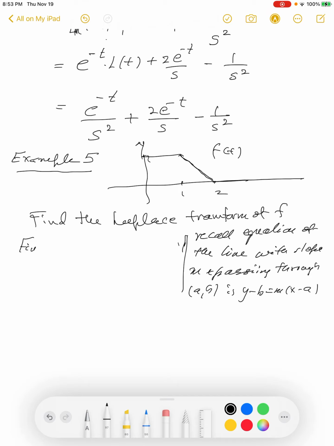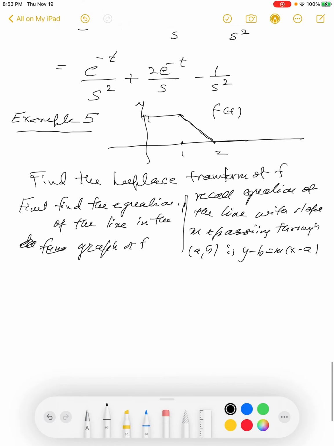So first find the equation of this line, the equation of the line in the definition of f, in the graph of the function f.